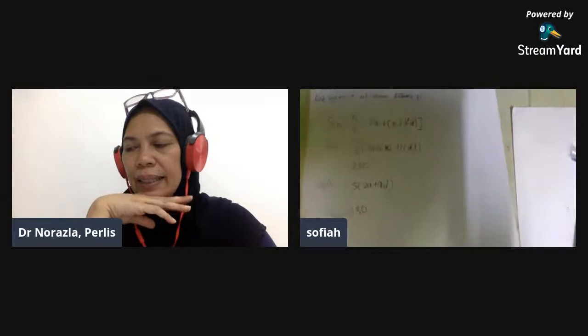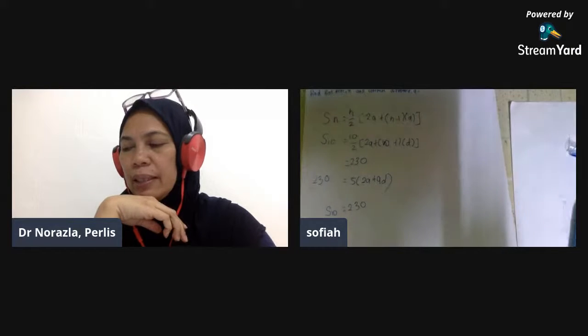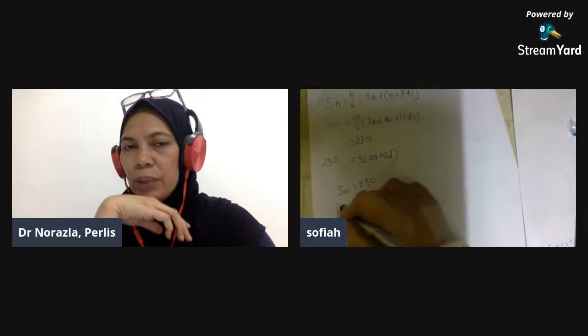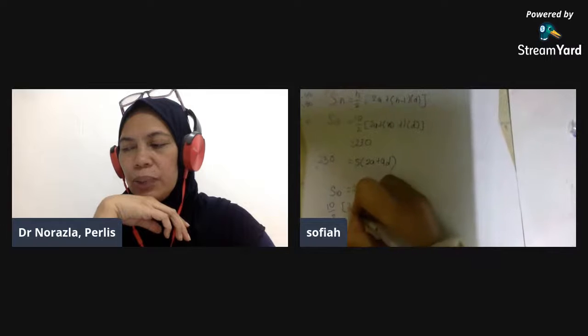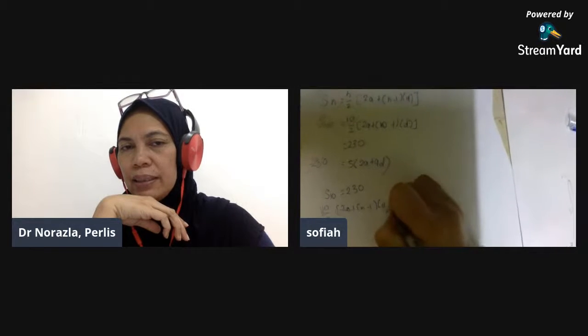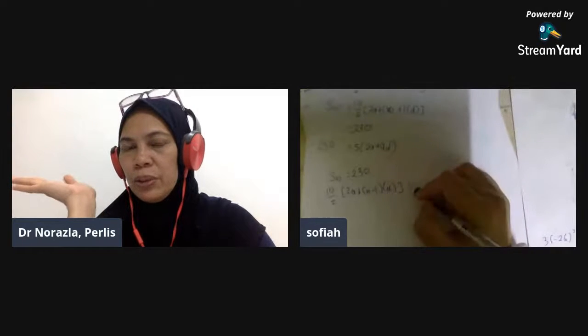Below the S10, you add the formula 10 over 2 (2a plus ...), yes, just do like that, equal to 230.